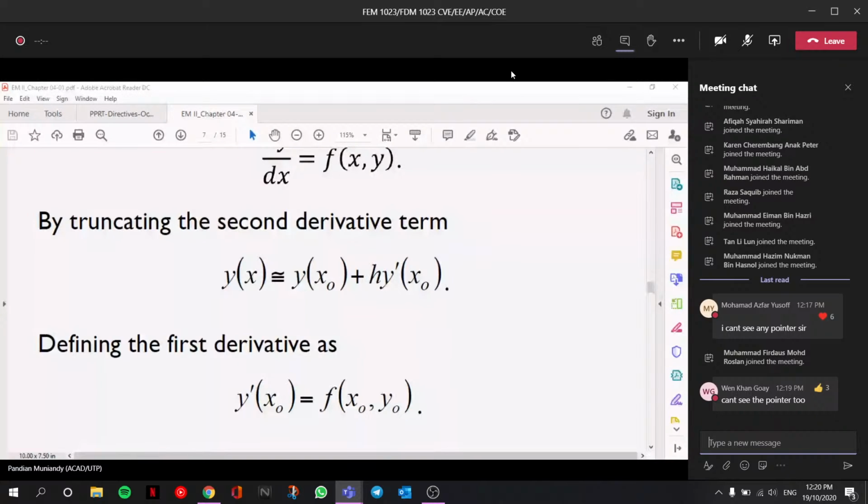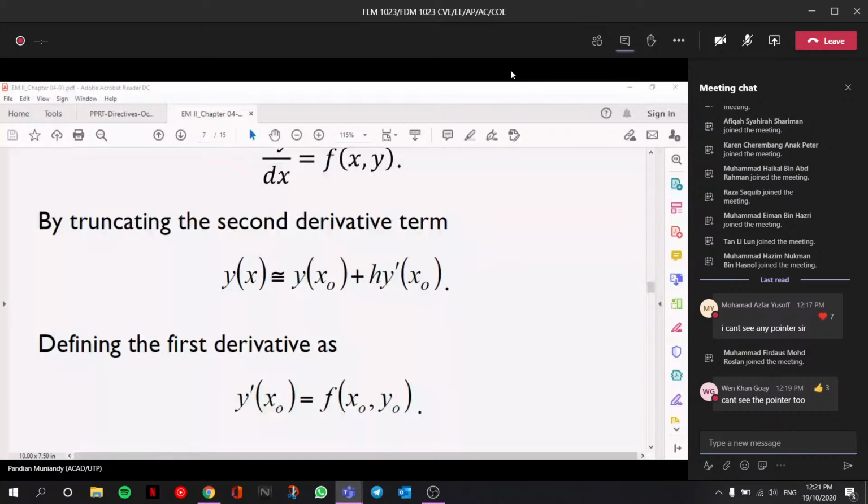Can you see any pointer? Cannot see. What happened? Now can you see? No. Suddenly it became okay. Now?